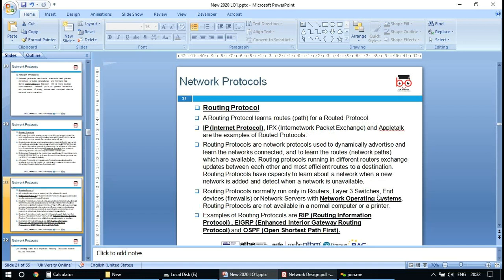A routing protocol basically learns the routes for a routed protocol. Make sense? So every routed protocol may not be a routing protocol, but a routing protocol must also be a routed protocol. Make sense?